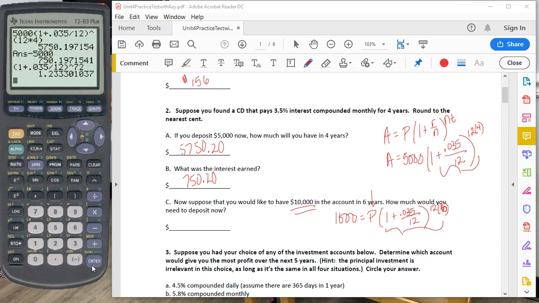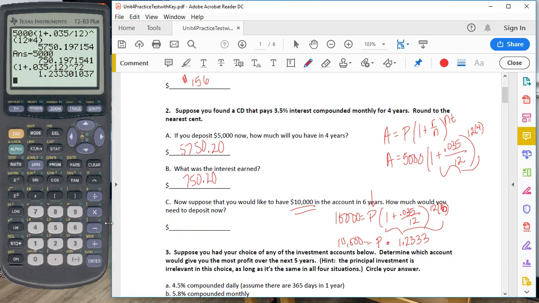So I have 1.2333. That's what this part is here. Times P is equal to 10,000. So what number times 1.2333 would equal 10,000? So all I need to do to solve this is divide both sides by that 1.2333.